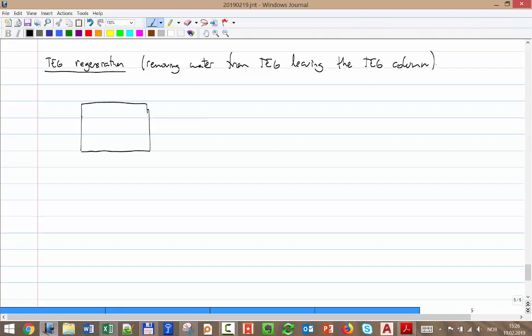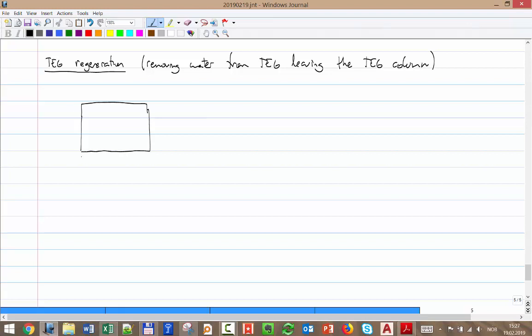This TEG will have some water. We said we cannot simply dump it, even though TEG is a green chemical. So in principle, we could just dump it to the sea, because it's not harmful to the environment, but it costs a lot of money. So we want to regenerate.